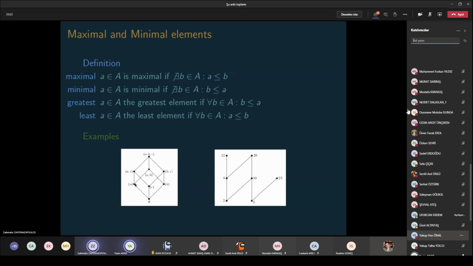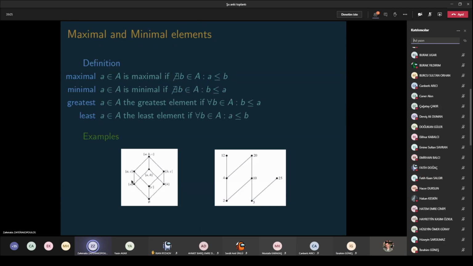Any set is greater than its subset. This is the order we have, right? So this is why the empty set is smaller than anything, because it's included in every other set. And ABC includes all other subsets. So the minimal is the empty set and the maximal is ABC. Exactly.